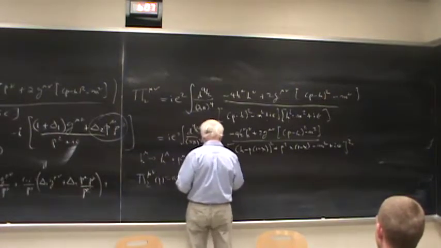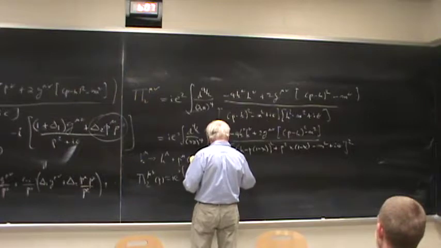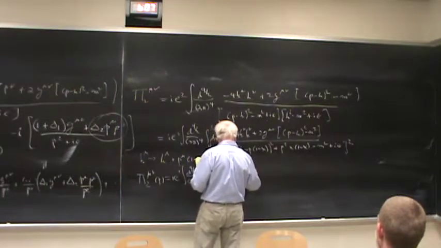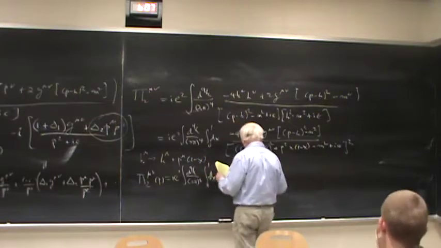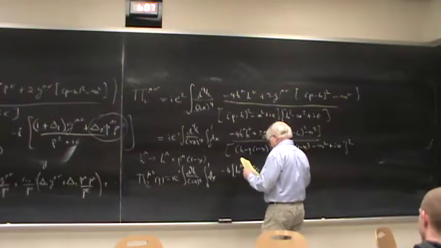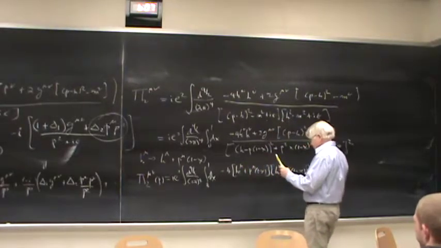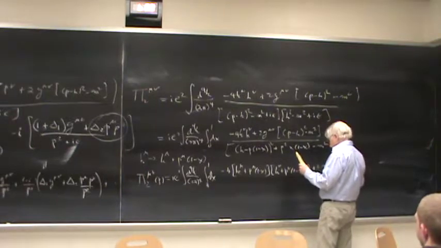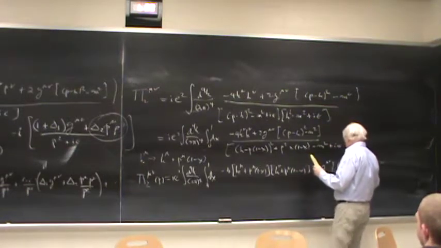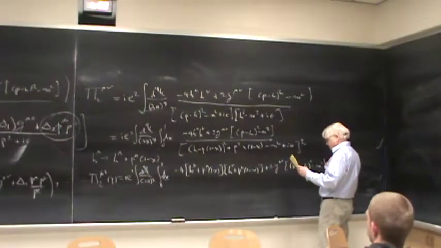Now we've got a humongous numerator, k mu plus p mu 1 minus x, k nu plus p nu 1 minus x, 2g mu nu times x p minus k squared minus m squared.